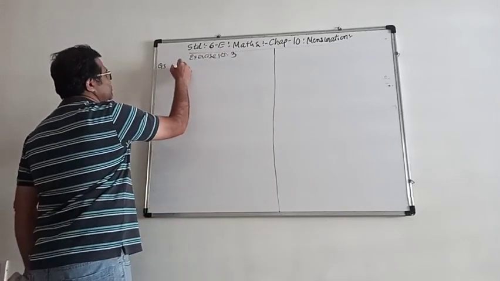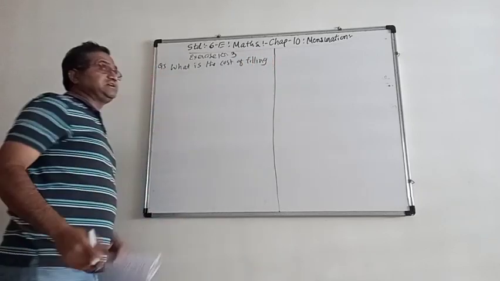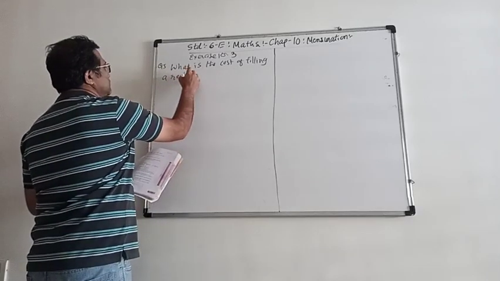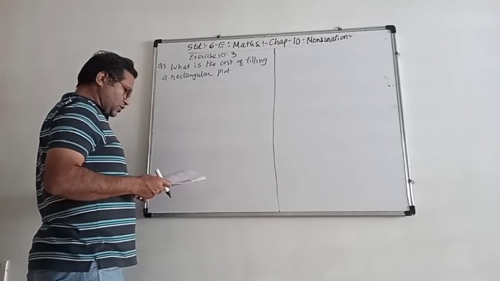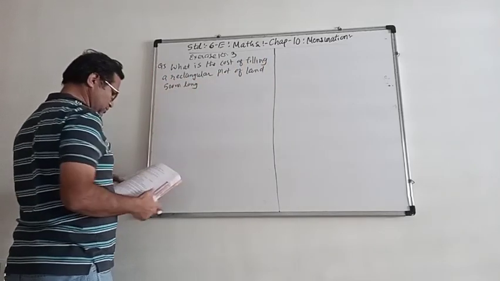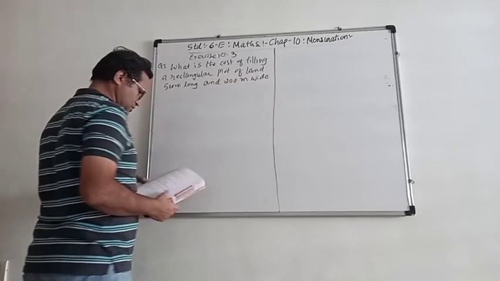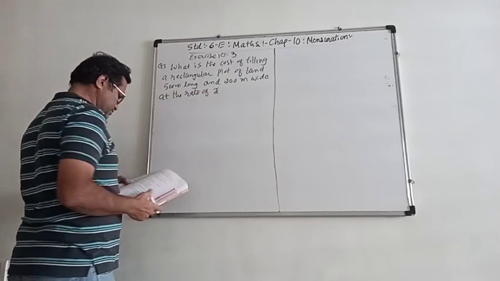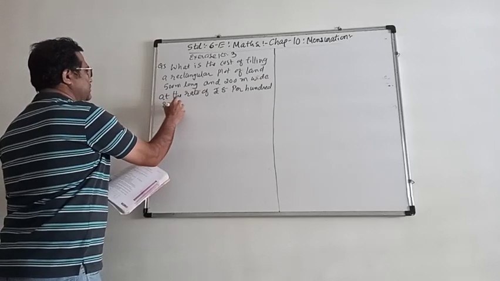What is the cost of tilling a rectangular plot of land 500 meter long and 200 meter wide, at the rate of rupees 8 per 100 square meter.